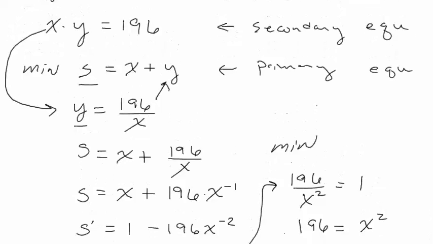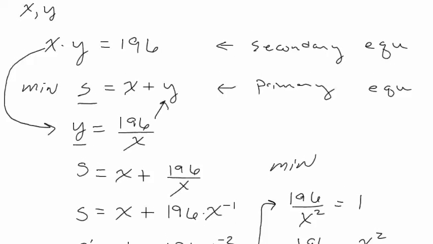Okay, so we come back up here. Now we look at this. If you took 14 times 14, you get 196. And then 14 plus 14, that actual sum, is going to be 28.